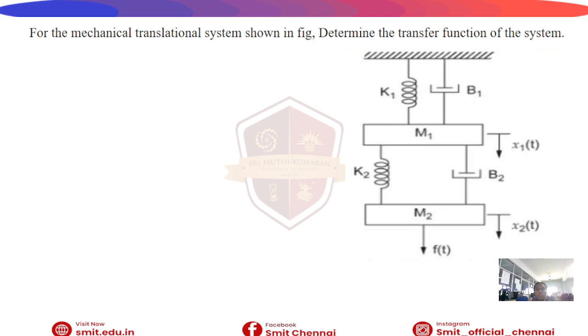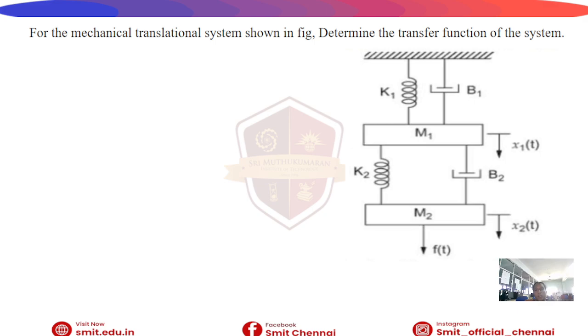Here we will see one problem related to the translational system. For the mechanical translational system shown in the figure, we determine the transfer function of the system. Here we have two masses, mass 1 and mass 2. In step 1, we find the free body diagram of mass 1 and mass 2.